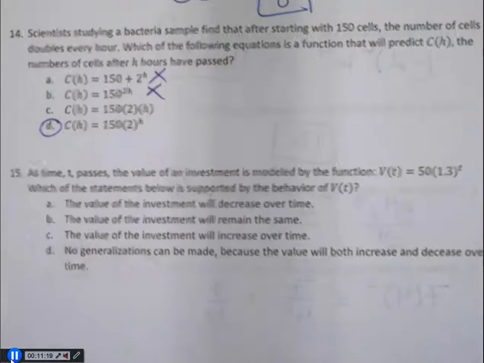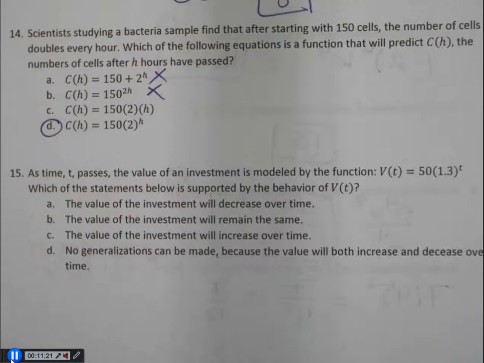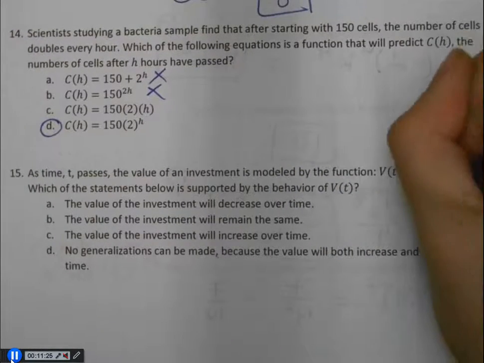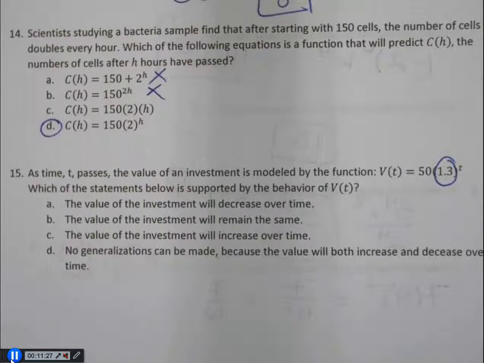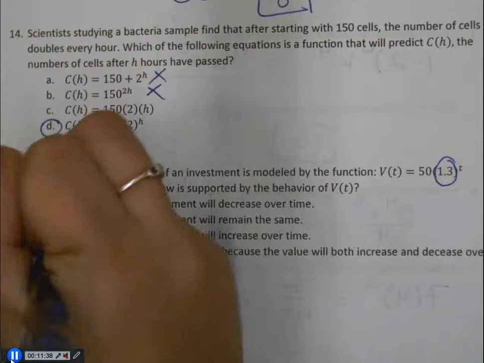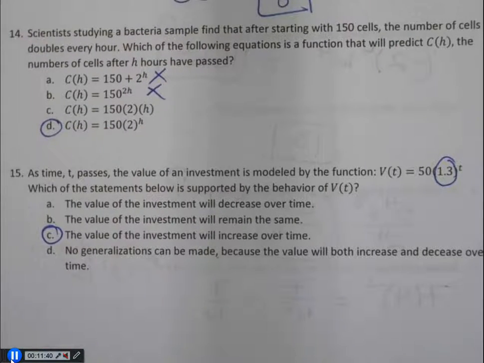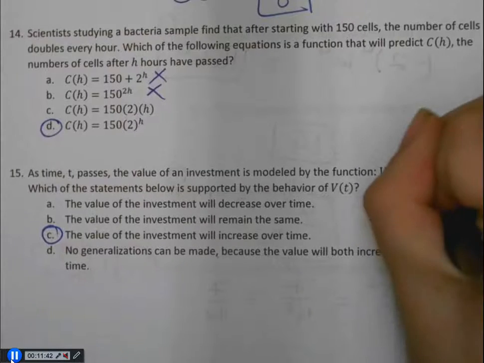This one is giving me an equation and wants me to tell what's happening to my investment. Because I have a 1.3 on the inside, is this larger or smaller than 1? Larger, so it is C, increasing over time, because this is larger than 1.